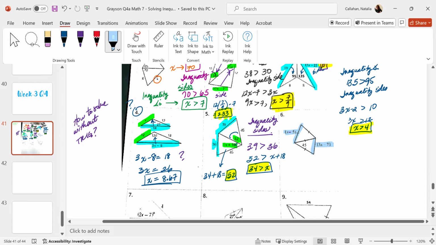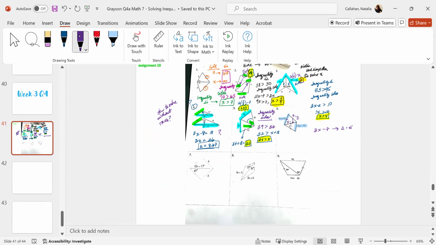Okay. I think this is saying this is the equilateral triangle. Do you see that? Which means this side is x minus 5, and this is x minus 5, right? The one that's opposite of the side x minus 7, the angle is equal to 45, correct?